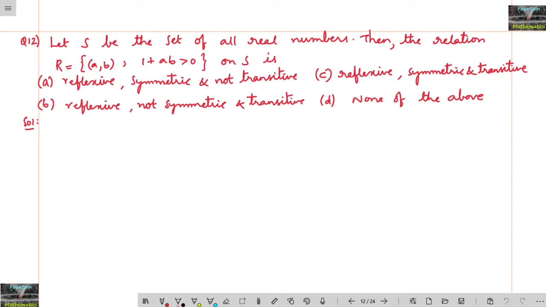Let S be the set of all real numbers. Then the relation R is equal to (A, B) such that 1 plus AB is greater than 0 on S. Again similarly, first reflexive.